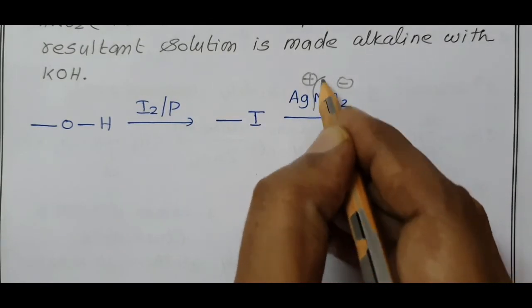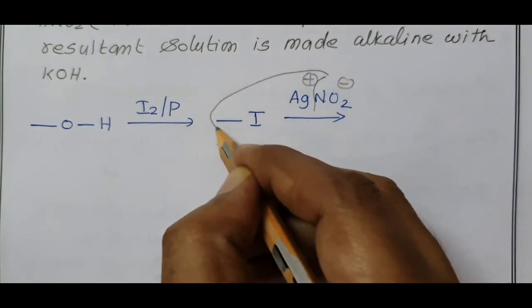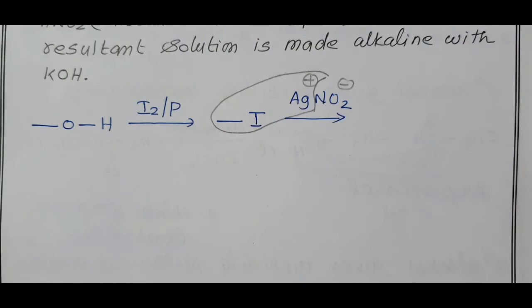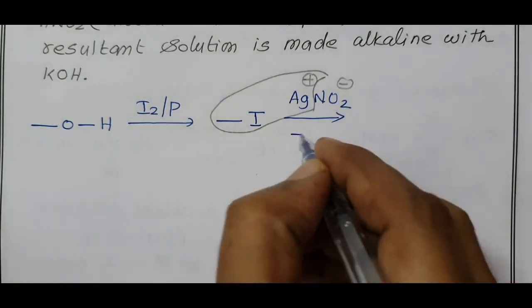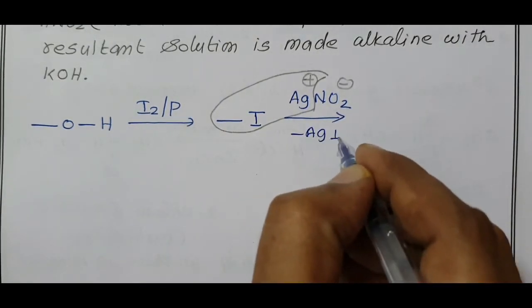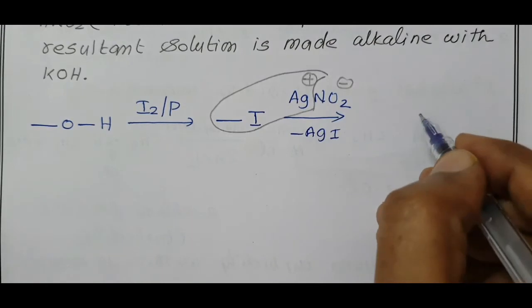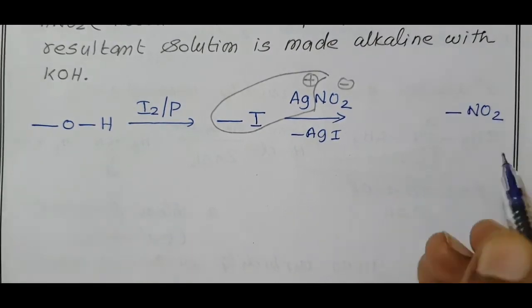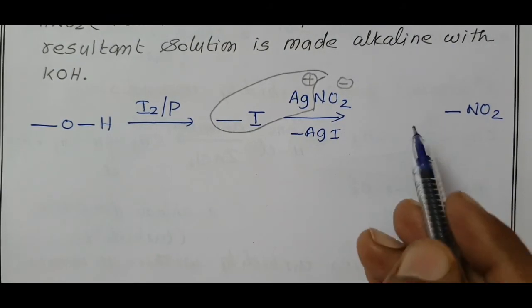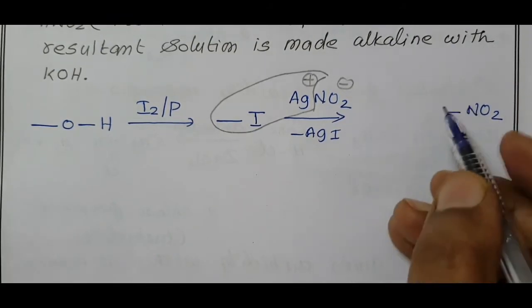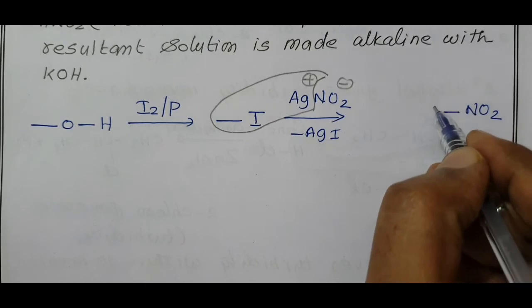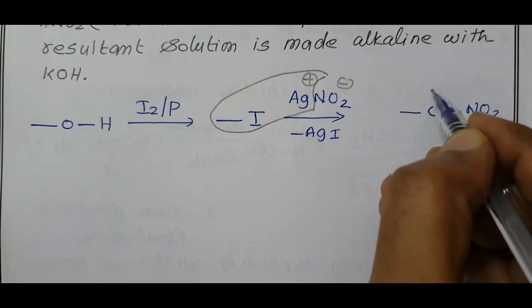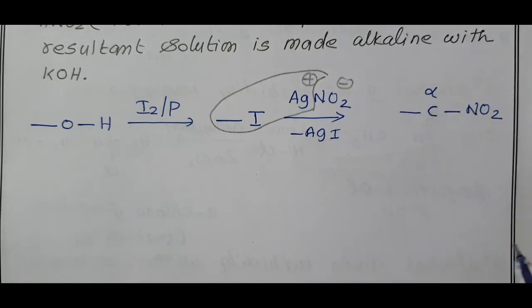Ag is monopositive and NO2 is a negative ion. Ag plus removes I minus as AgI. Now NO2 is added to that carbon atom. Nitroalkane is obtained. This step is the most important step. The carbon atom attached to the functional group is called the alpha carbon atom.